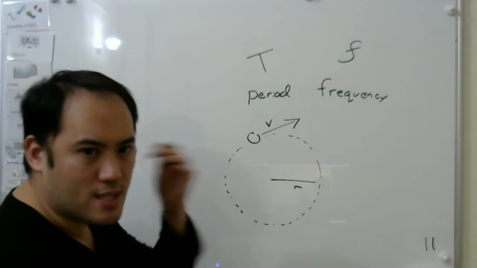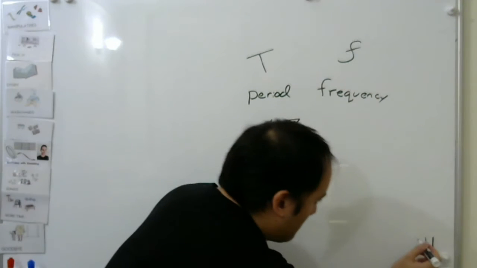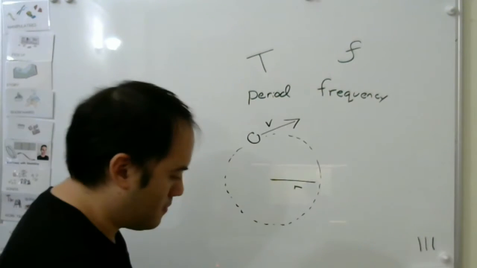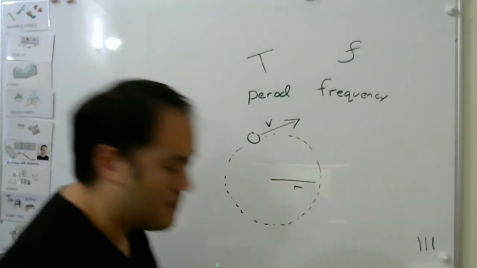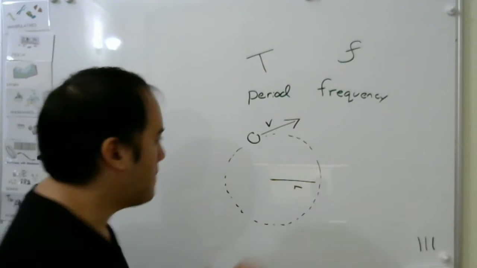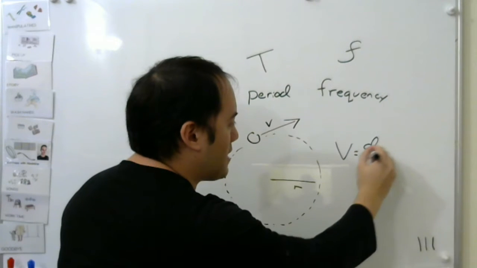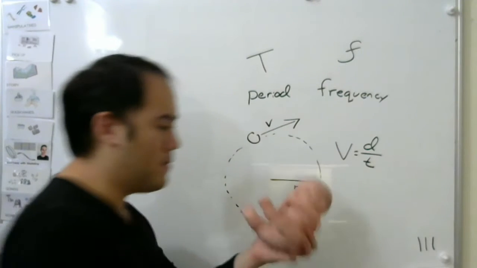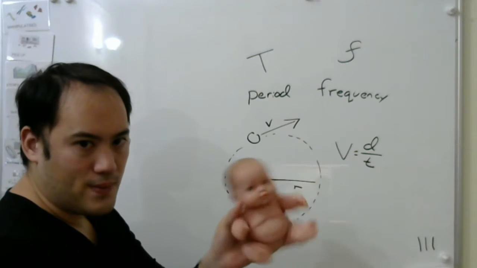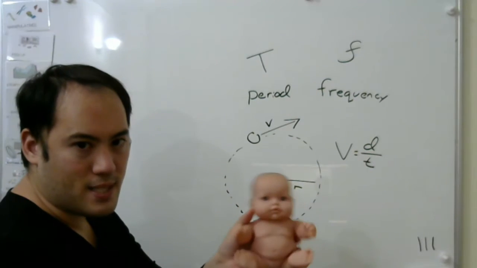How do we find the speed or the magnitude of velocity? Ooh, I know. Yes, Hazel? Velocity is displacement over time, and speed is distance over time. So then what? Well, the displacement is circumference, and the time is the period.